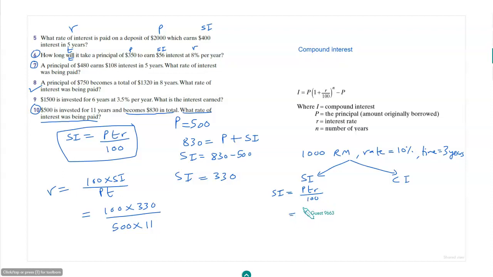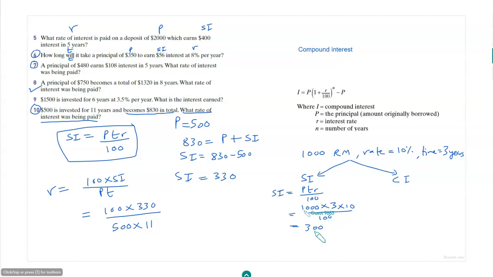So 1000 times 10 times 3, 3 times 10 over 100. So how much? 300, right?